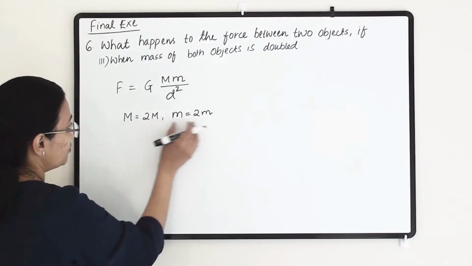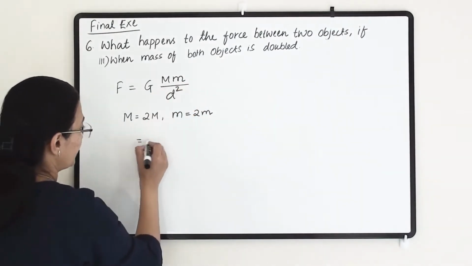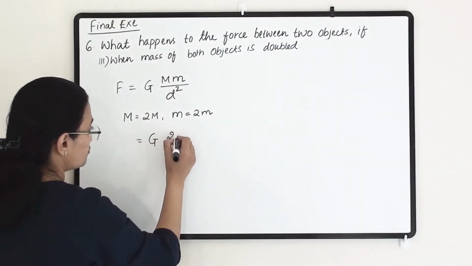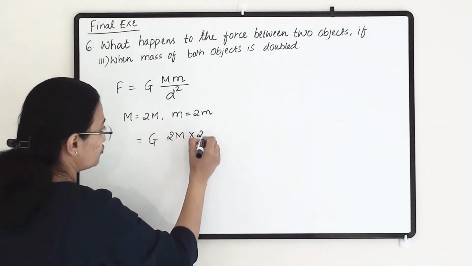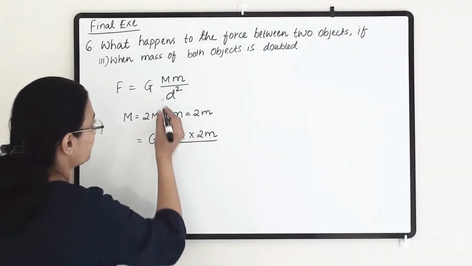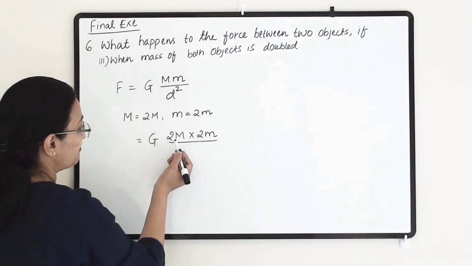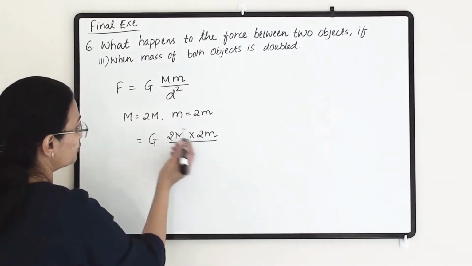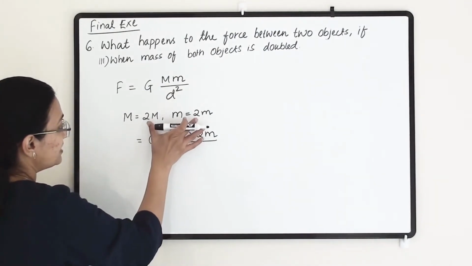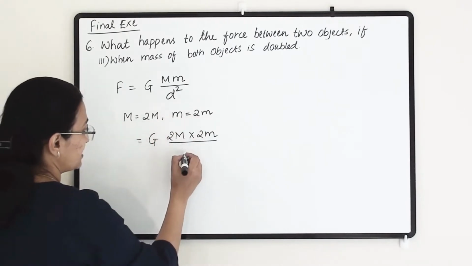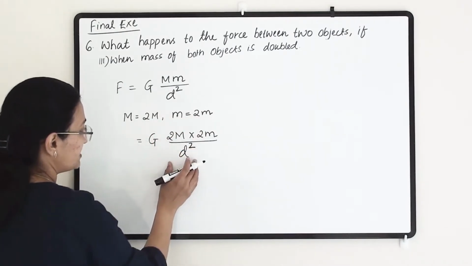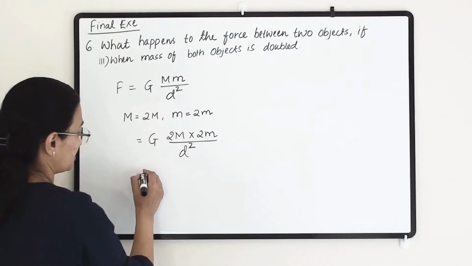So let us put both the values over here. We will get G, 2 capital M into 2 small m. Instead of M and small m, we have written 2 in front of both because we have doubled the mass of these two objects, divided by d square, the distance between these two objects.